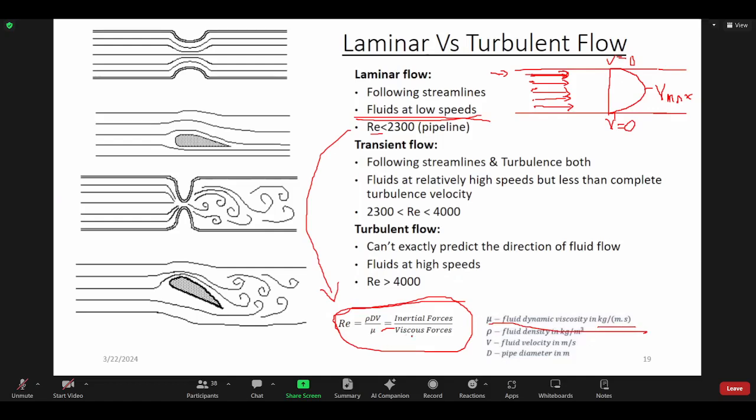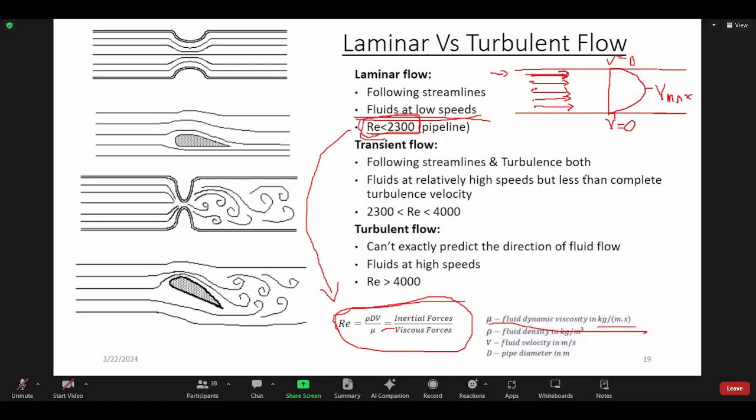Mu means viscous forces. So in laminar flow, the Reynolds number should be lower than 2300.